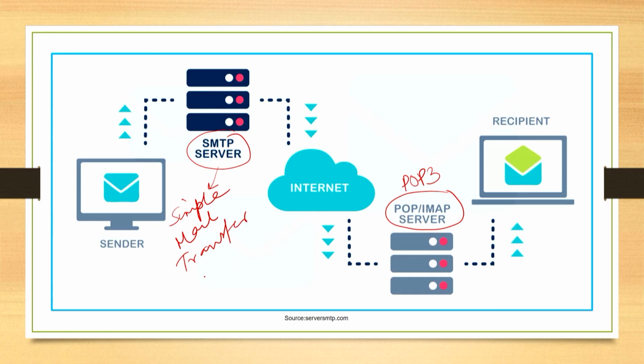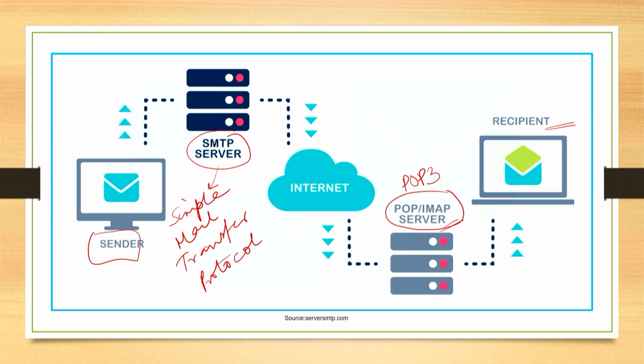This handles the outgoing messages, whereas the POP3 or IMAP server handles the incoming messages. From the diagram itself you see that when the sender sends an email, this will be handled by the SMTP server, and at the receiver end, the POP3 or IMAP server handles the incoming emails, or you can say the messages.